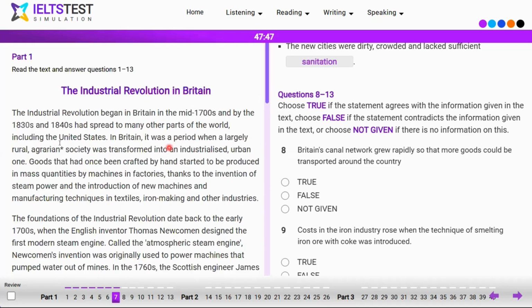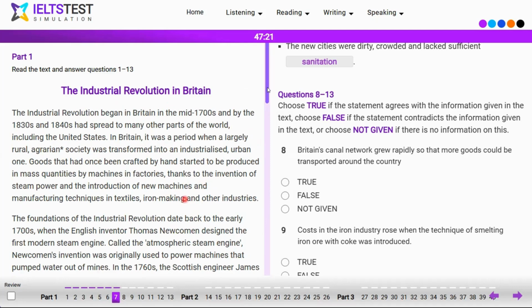Canal, C-A-N-A-L. I think that should be the pronunciation. I'm looking at paragraph 1. I'm looking for canal. Britain is here. Then urban one, goods, factories, invention of steam engine.